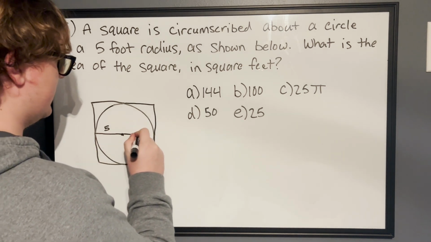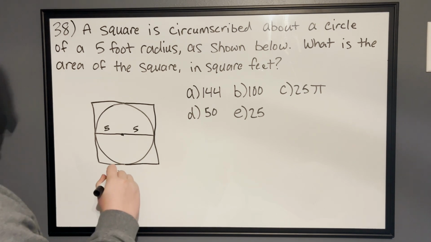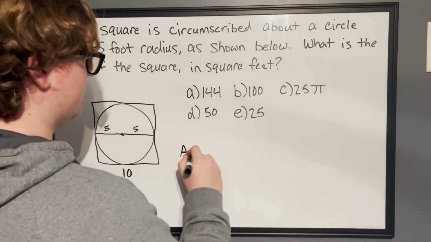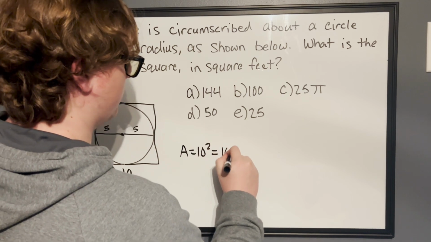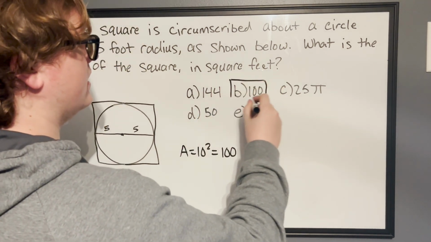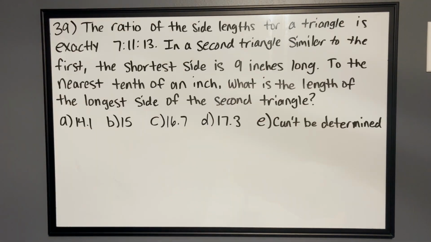So when we extend this out over here, this is another 5. Those are 10. So that means that one side of the square is 10. And now since a square has all the same length sides, we know that the area is equal to 10 squared, which is 100. And that's going to be our answer. So that's option B for this question, and we are done. So let's go ahead and move on to 39.